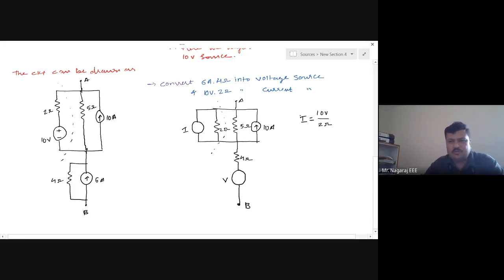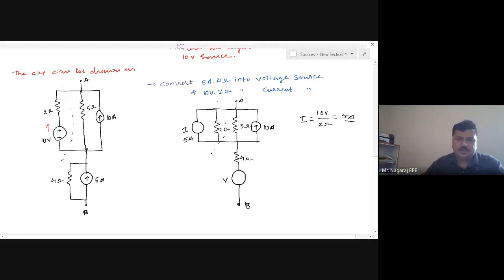So when I want to have a current source, the current source value is the voltage of the voltage source divided by the resistance in series. So this will come out to be 5 amperes. So this current source is of 5 amperes. Now what is the direction? Now the direction of 10 volt is upward. See, the positive sign is upward.